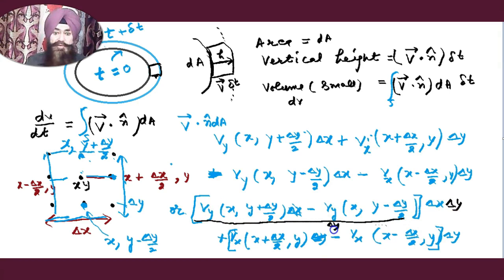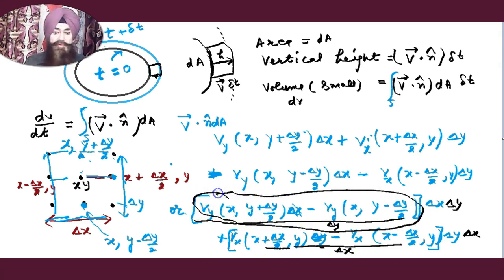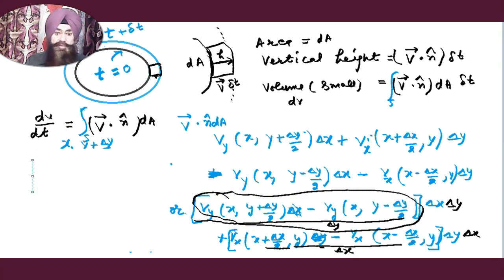So multiplied and divided by delta y here, and multiplied and divided by delta x in the second term. Now we consider what it is.